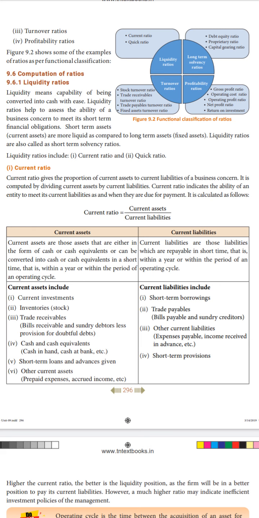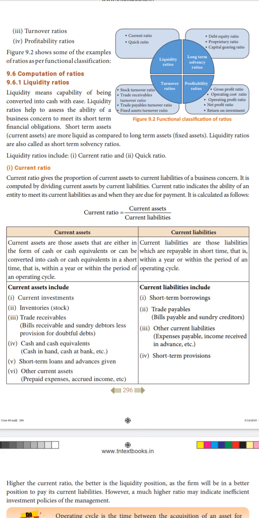So we have to take up only the current liabilities. For that, we must know what accounts come under current liabilities and under current assets. Here you have an explanation for current assets: current assets are those assets that are either in the form of cash or cash equivalents.